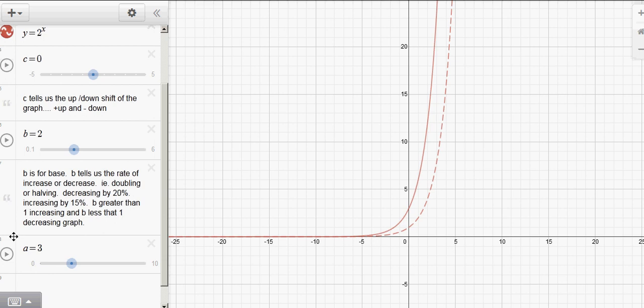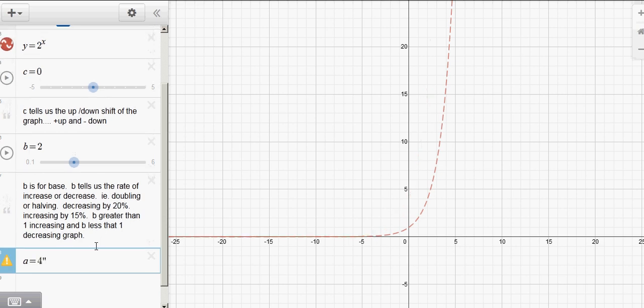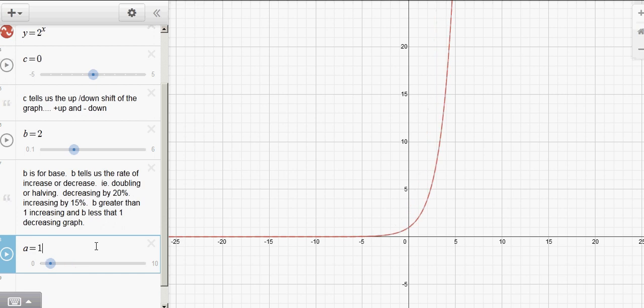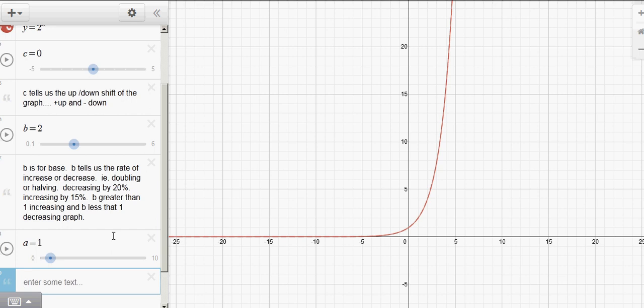So let's watch A and write ourselves a little note for it. So A tells us the initial amount, what we have started with.